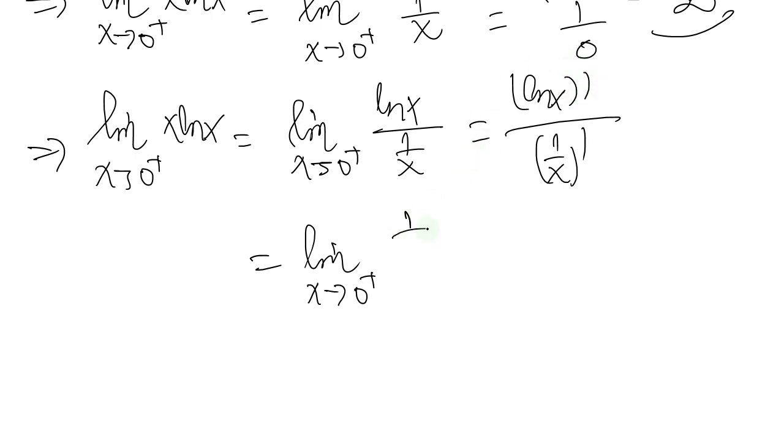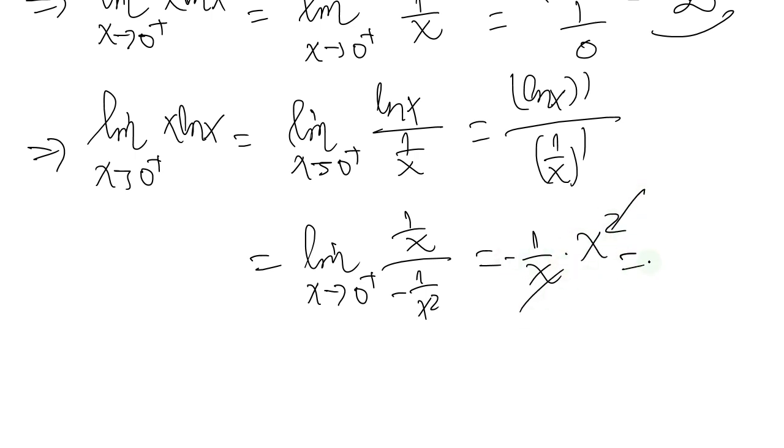This is 1 over x, and this is 1 over x squared with a negative, the derivative of this. So from here we're gonna have that this is 1 over x, negative, times x squared, right?